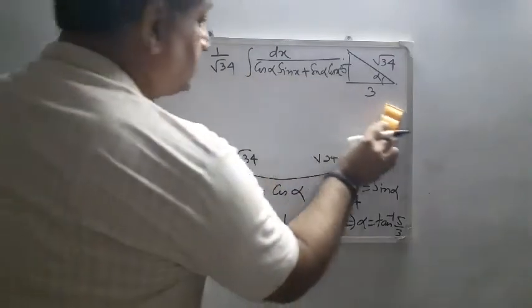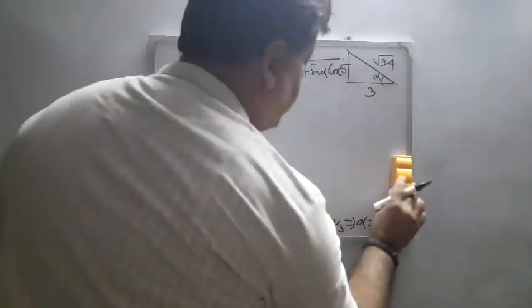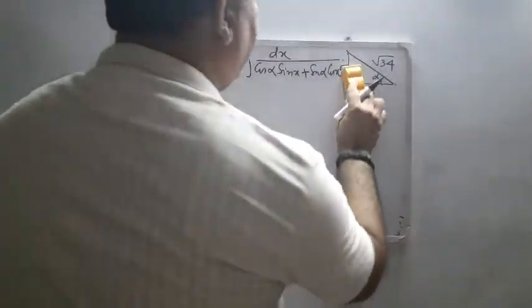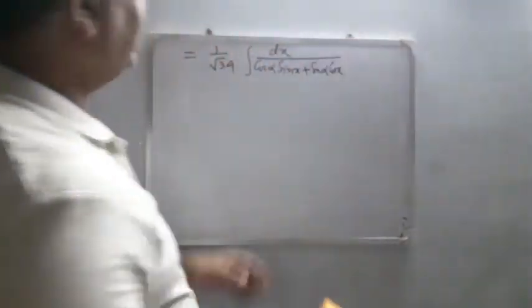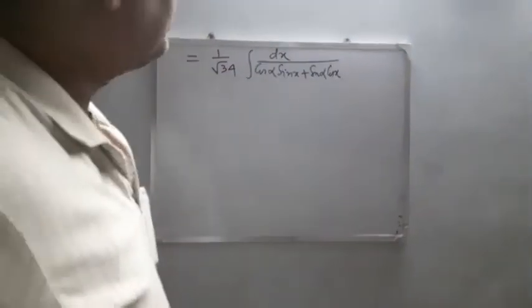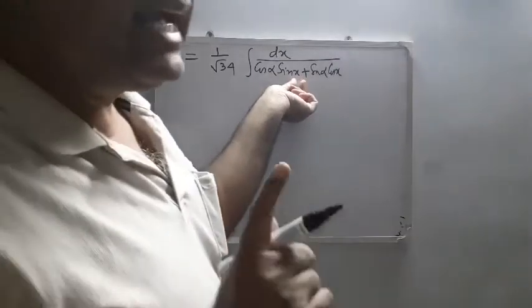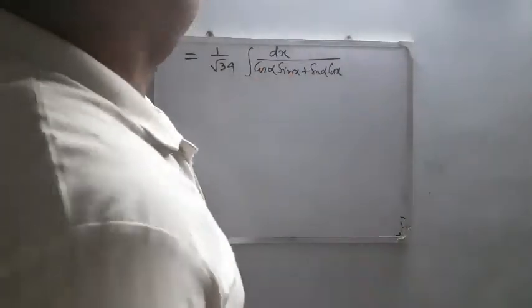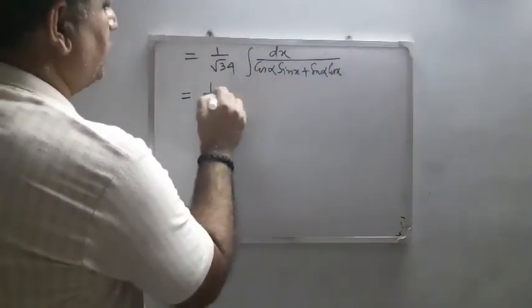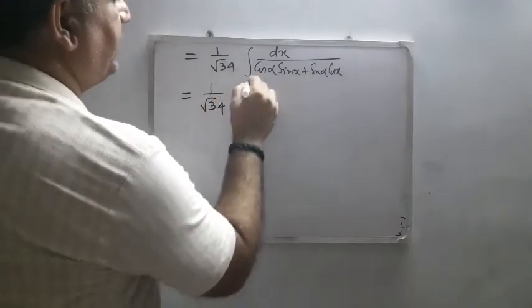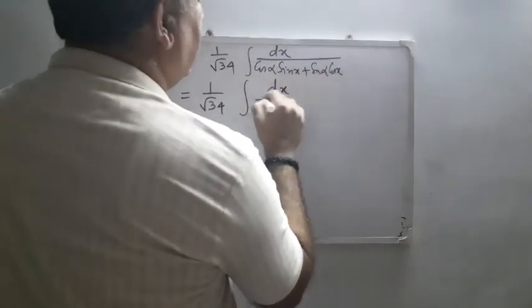Now, here one more thing is important. You must keep in mind that whenever you are reducing this using compound angle, you have to write x first, then alpha. So this is equal to 1 by root 34 integral dx by sine.